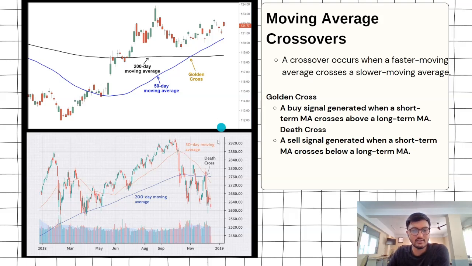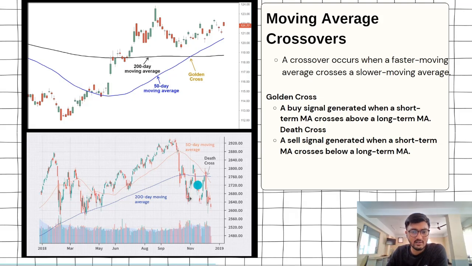Opposite to it is a death crossover. So imagine the price momentum is happening in such a way that the last 50 days' moving average is closing below the 200 days' moving average. So there was some kind of 200 days' moving average, but the last 50 days were so bad for that particular instrument that the average of the last 50 candles is closing below the 200 days EMA.